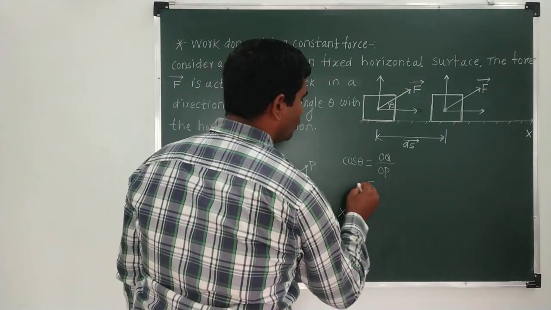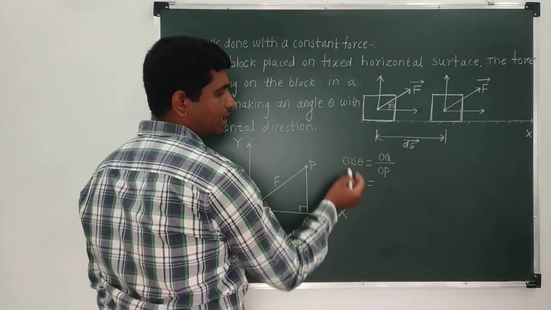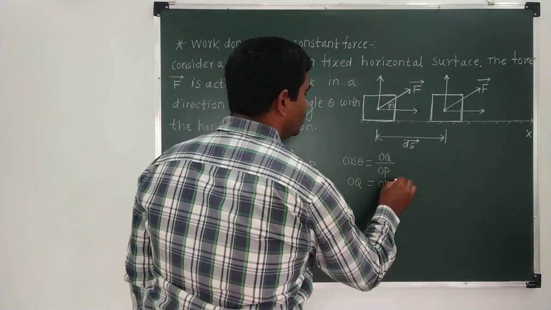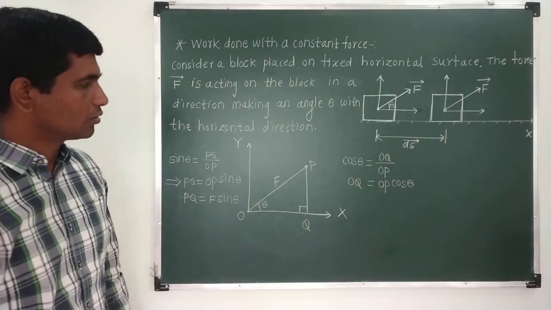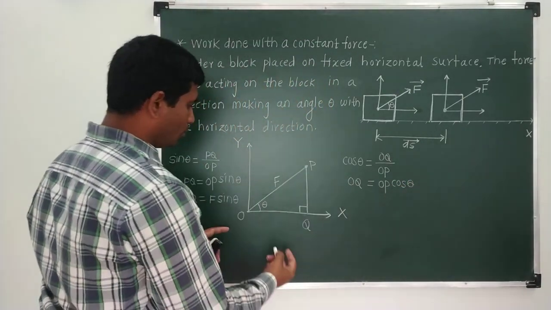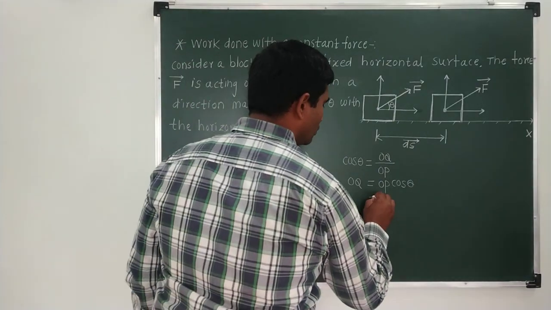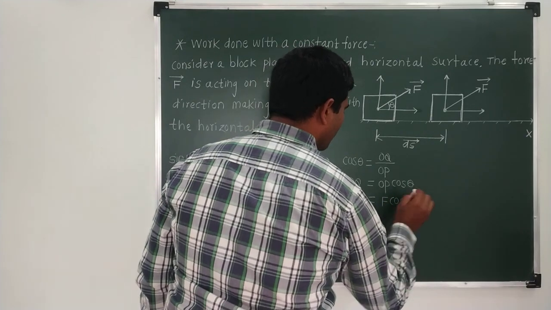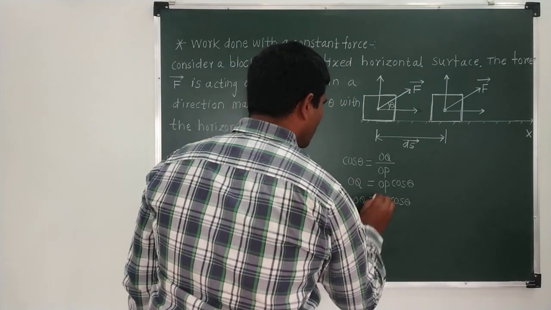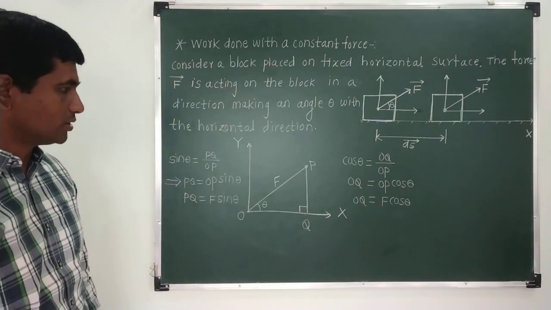If I transfer OP to the other side, it gets multiplied, so OQ is equal to OP cos theta. The value of OP is F again, so OQ is equal to F cos theta.